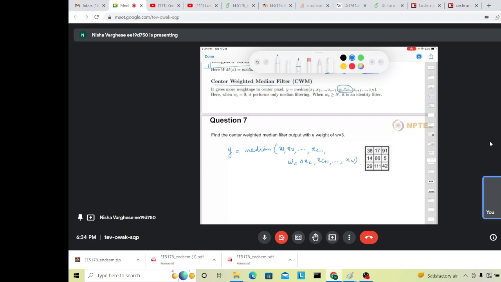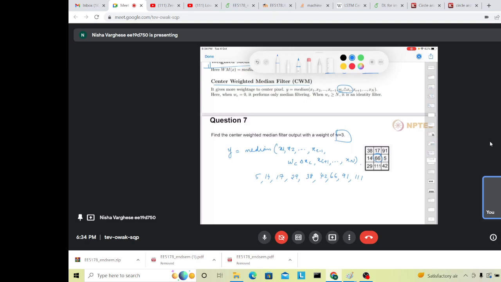First you will sort them like 5, 14, 17, 29, 38, 42, 66, 91, 111. Then what is the center pixel? 66 here, right? So you have a weight of 3. So you will repeat 66 3 times.